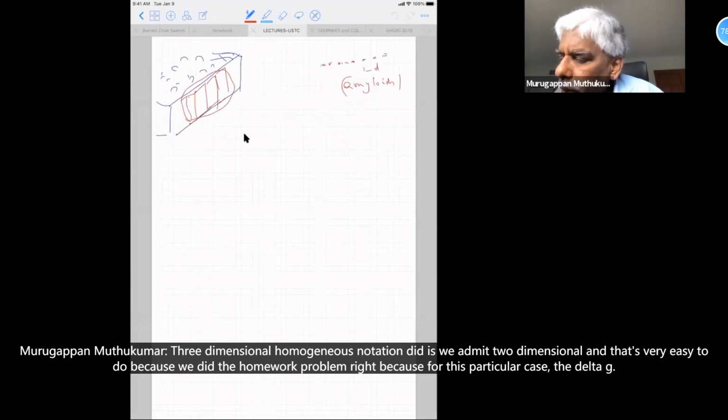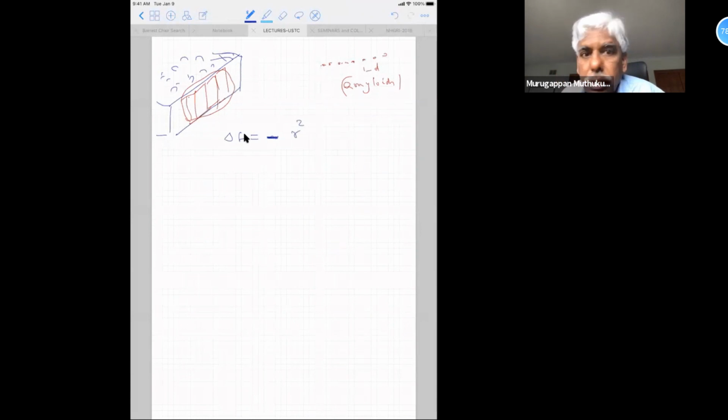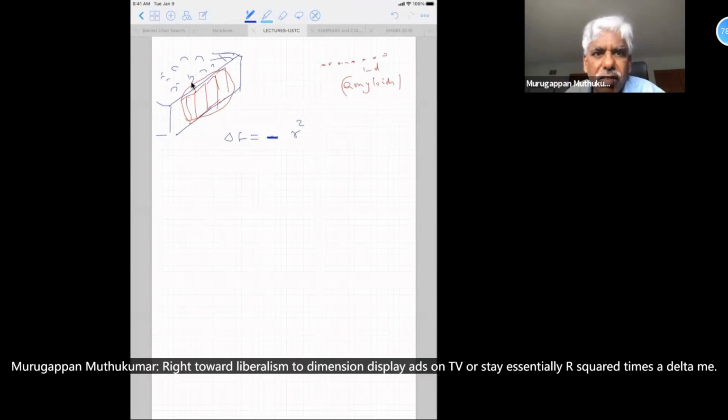For this particular case, delta G goes like negative, and some number, let's not worry about it. Volume is, let's say, R squared. That's a 2-dimensional disk, so essentially R squared times delta mu.